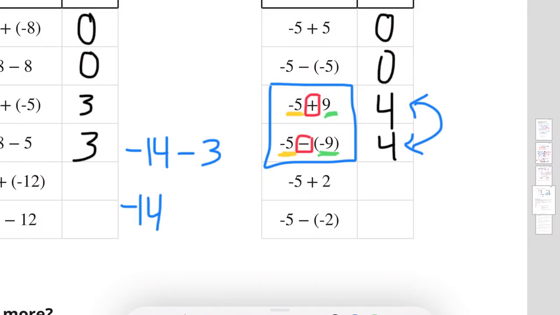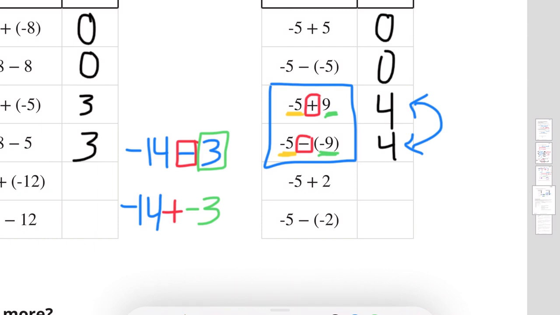I would want to change my operation to addition. And then since this is a positive 3, I must also change this to the opposite, which would change to negative 3. So negative 14 plus negative 3 would give me the same value as negative 14 minus 3.